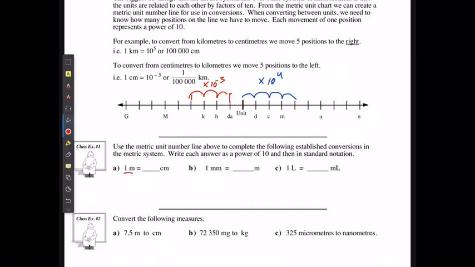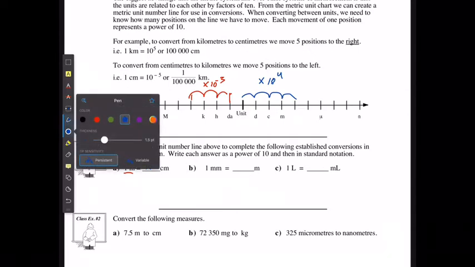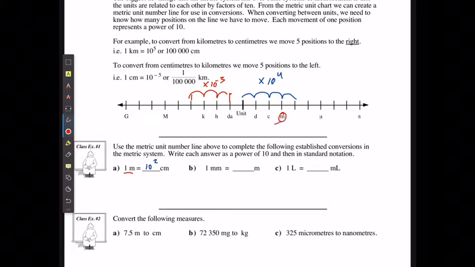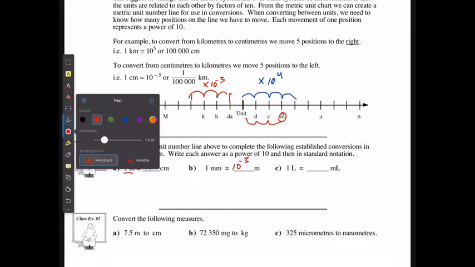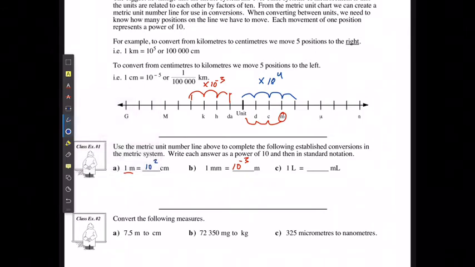So 1 meter, starting at the base unit, if I have to go to the centis, is going to be the same as 10 to the power of 2 centimeters. 1 millimeter, start at millis, go to the base unit, is going to be 10 to the negative 3 meters. And 1 liter to a milliliter is going to be 10 to the positive 3.